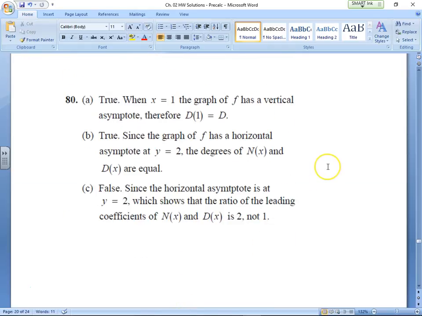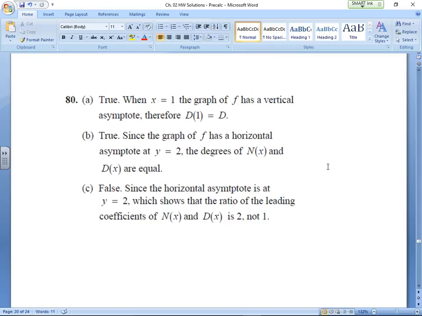Last one. True, true, false. True, true, false. It was a little weird. But if the denominator is 0 and can't factor out, then there is a vertical asymptote. Letter B is true because if the degrees are tied, then you get a horizontal asymptote at a number. So since you had a horizontal asymptote at a number, the degrees had to be tied.